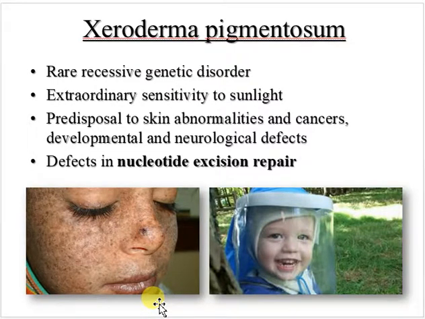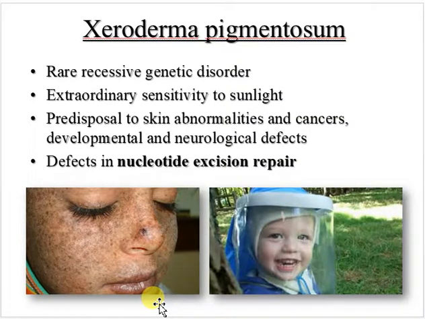Another great example is xeroderma pigmentosum, right? So this is a rare recessive genetic disorder wherein people with this genetic disorder become extremely sensitive to UV light. And it's caused by mutations that are affecting the nucleotide excision repair pathway.